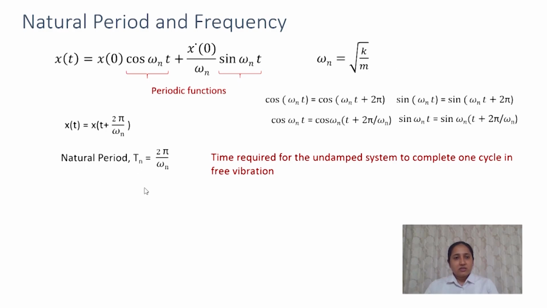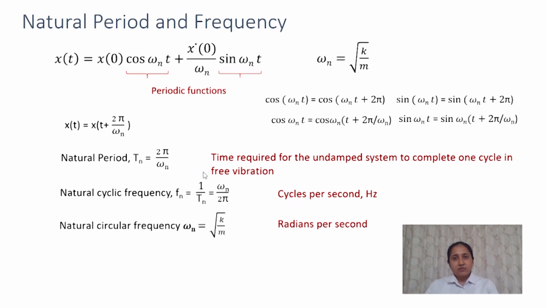So since we know the period, we can calculate the frequency. That means how many cycles of vibration are there in a second. So natural cyclic frequency can be calculated as the reciprocal of the natural period. So that would be equal to omega n by 2 pi. So this is called natural cyclic frequency.